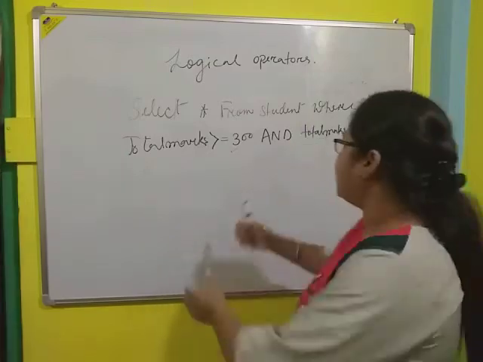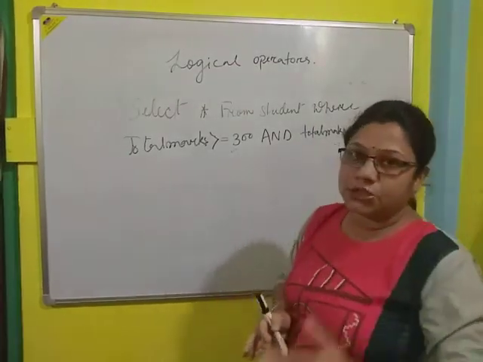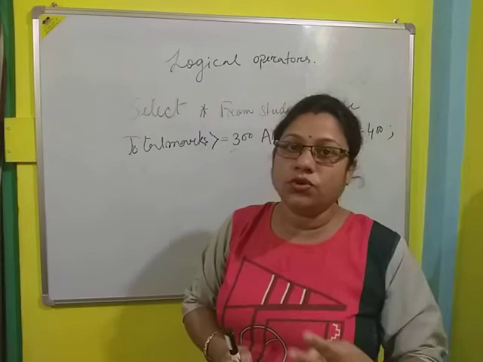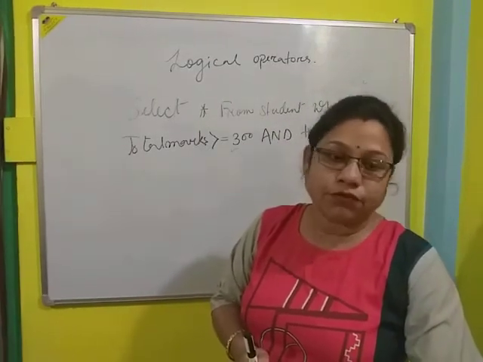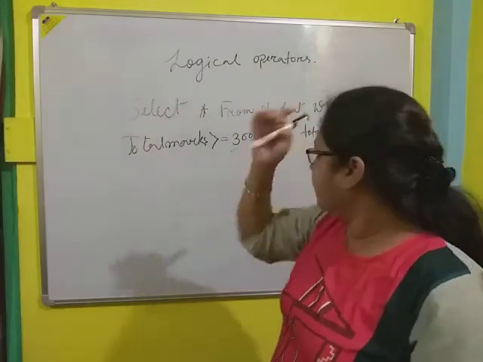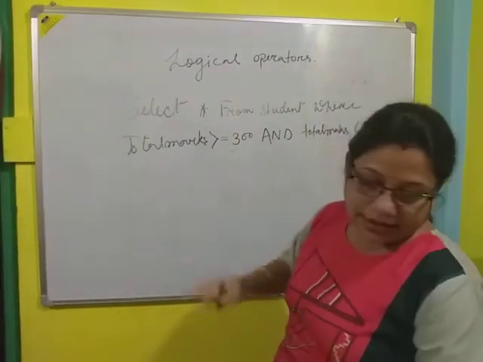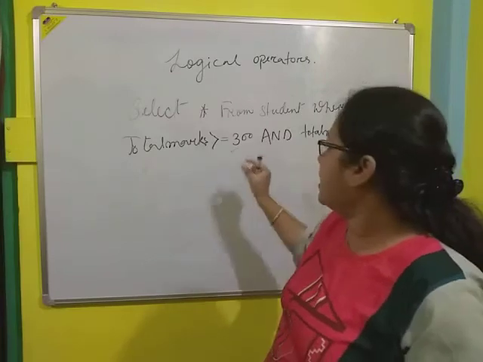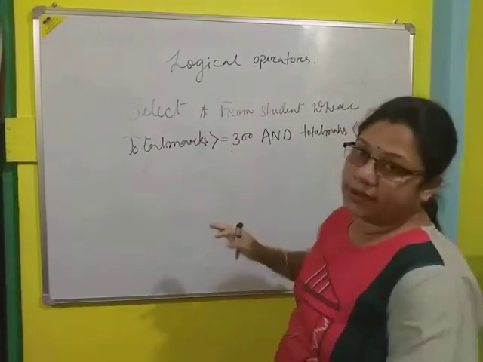And based on this condition, it displays only 2 rows, that is roll number 4 and 8, whose total marks is between 300 and 400.